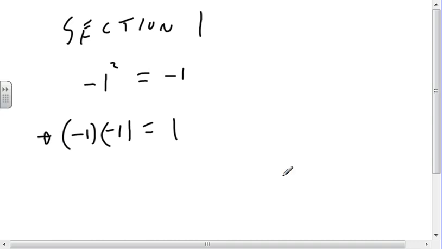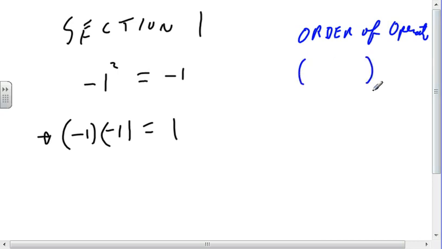So when we're dealing with stuff, we have an order of operation. What happens first is whatever is inside parentheses. If something's inside parentheses, that has to happen before something else happens. What happens next are powers.